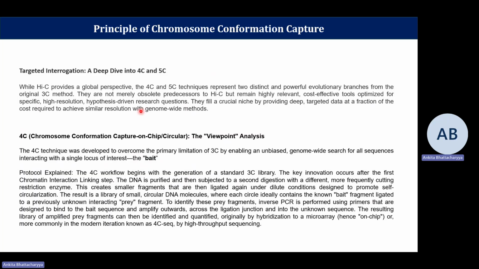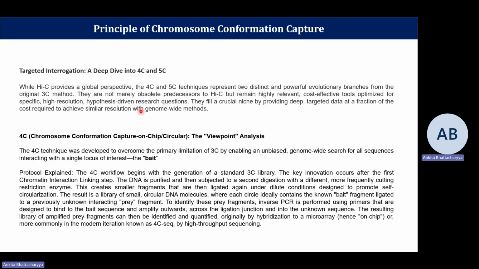Cost effectiveness needs to be kept in mind for high resolution hypothesis-driven research questions. They certainly fill a crucial niche by providing deep targeted data at a fraction of the cost required to achieve similar resolution with genome-wide methods.